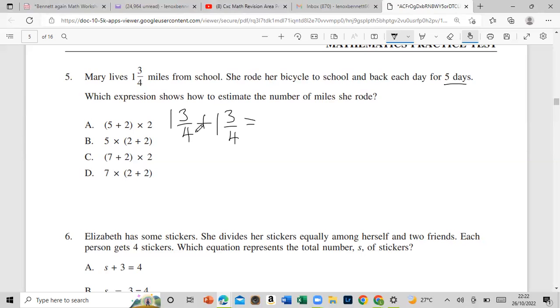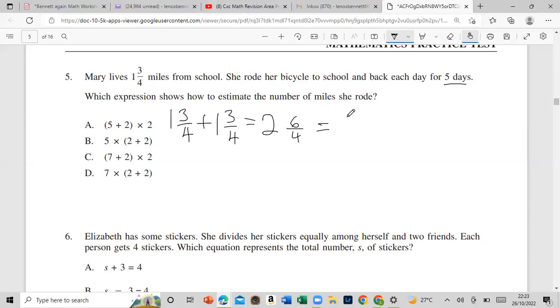We'll add them. We can add these 1 and 1. That's 2. And for this, it's the same denominator, which is 4. I'll add this, we get 6. So we're gonna get another 1.5, ain't it? As 4 into 6 goes 1 time, and that's a half. So basically, it is 3.5.